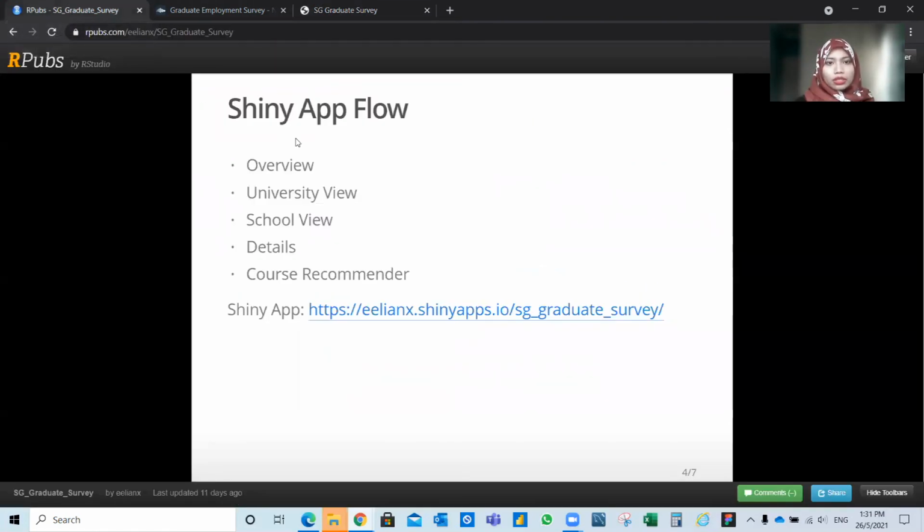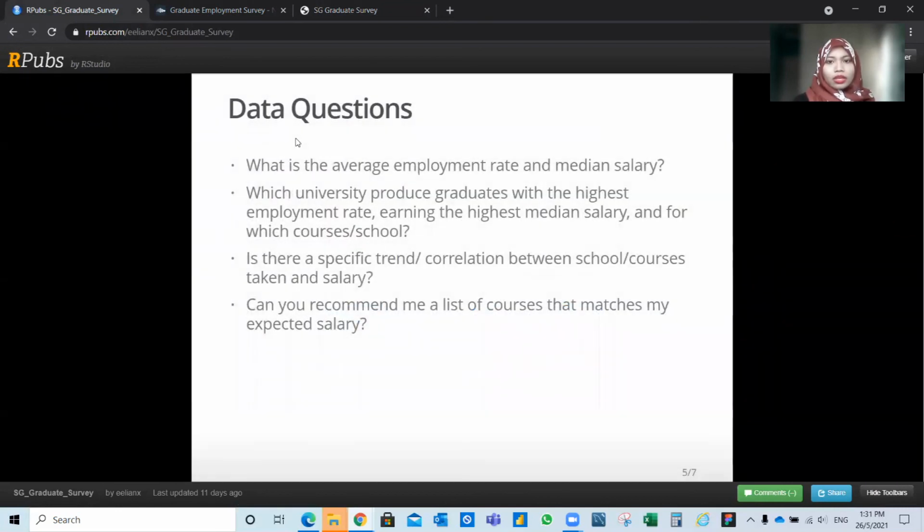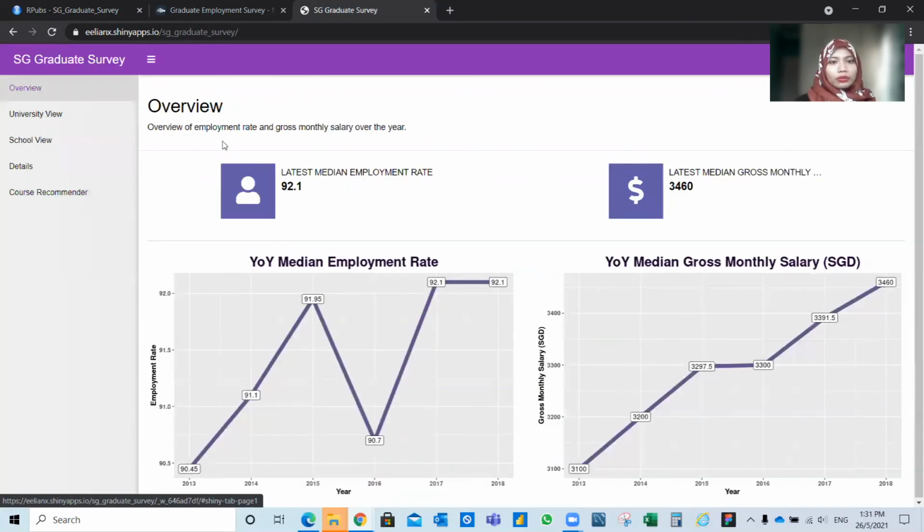Now let us go into the data questions. So the first data question would be, what is the average employment rate and median salary? This information we can obtain from the overview tab, where we can see that the latest median employment rate will be 92.1%. And this employment rate has been achieved in 2017 and also 2018.